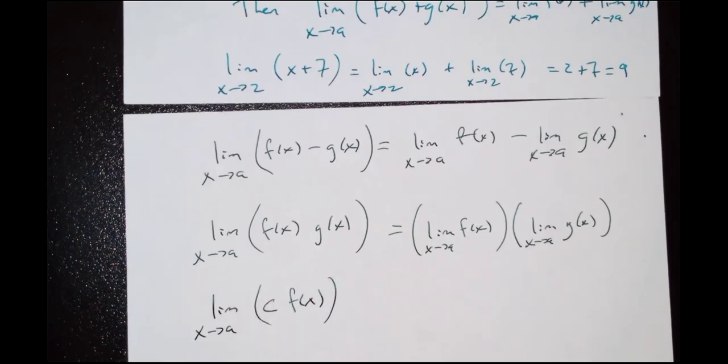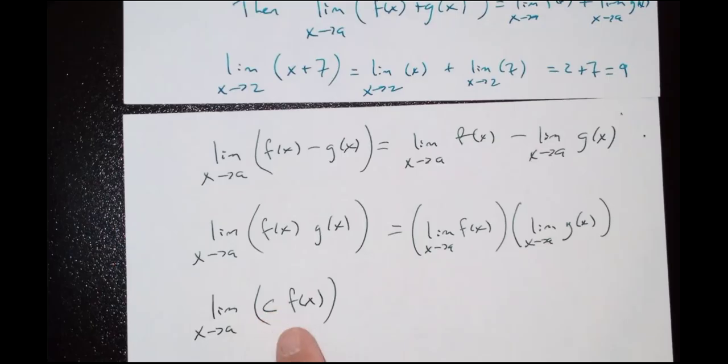C is a constant. If I think of this as a multiplication just like up here, I should split these apart. So I'll get the limit of C. First rule. The very first rule we wrote down. What is the limit of a constant? If it's a constant, it's C itself.